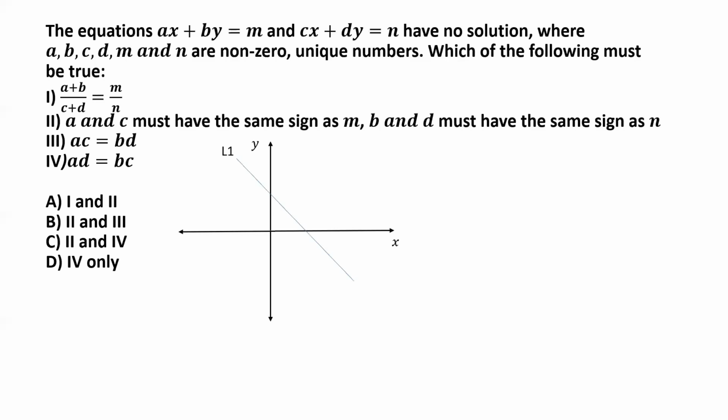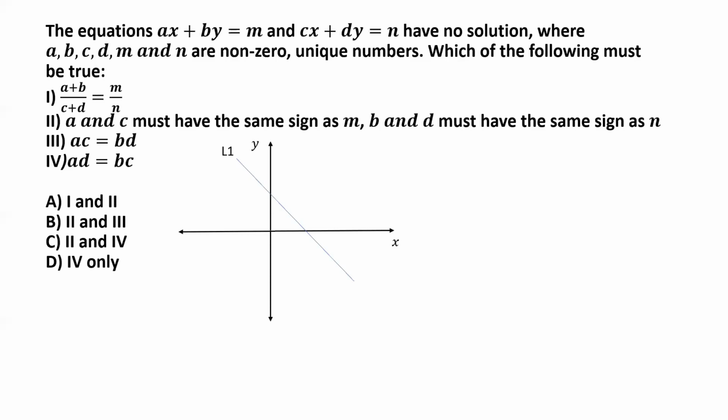So let's call the first line L1. This line does not pass through the origin because we are given that none of the coefficients a and b or the constant m are zero, so they're all non-zero. But it can be any straight line not passing through the origin in the xy plane, and it intersects the x and y axis.